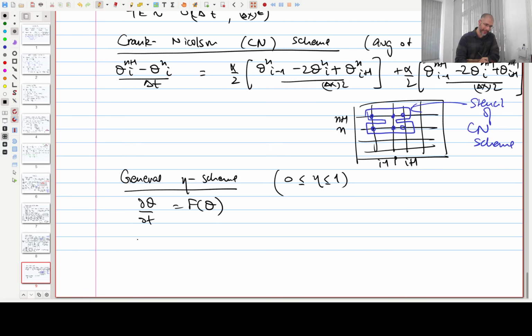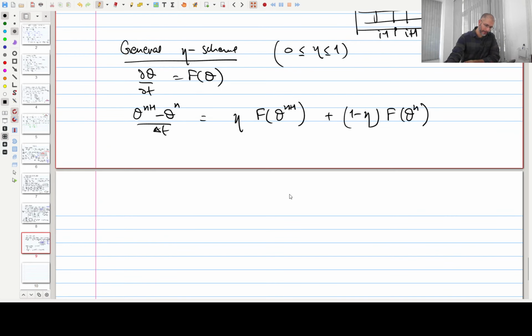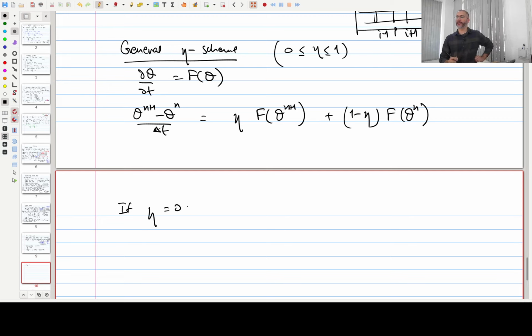So we write it as, the time derivative looks very similar. On the right hand side, we take a linear combination of f evaluated explicitly and implicitly. Now I can easily see that if I make eta equal to 0, what scheme do I get?